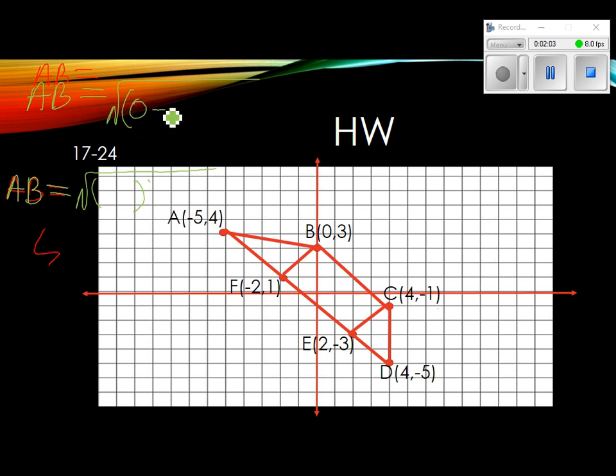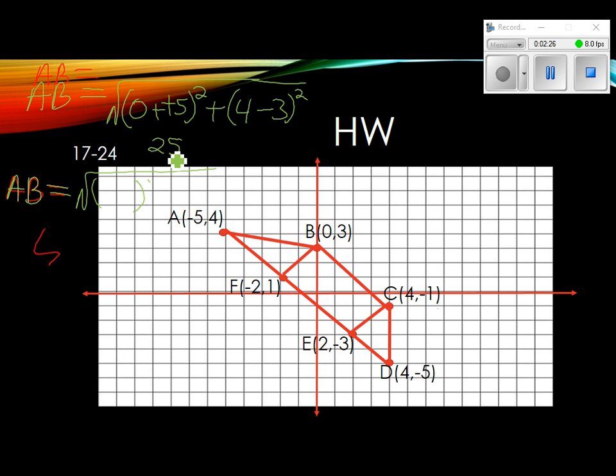So if we do 0 minus -5, we change this to plus, it's 5 squared, 25. 4 minus 3 is 1.